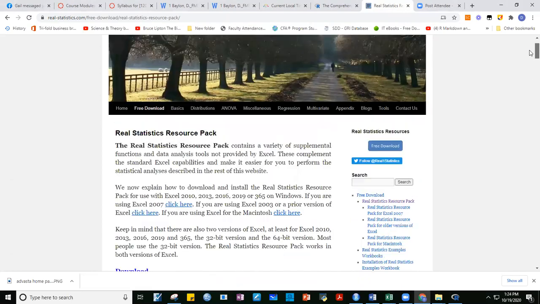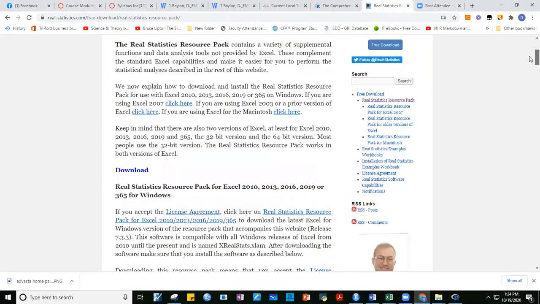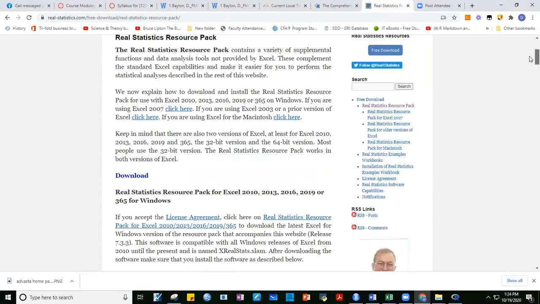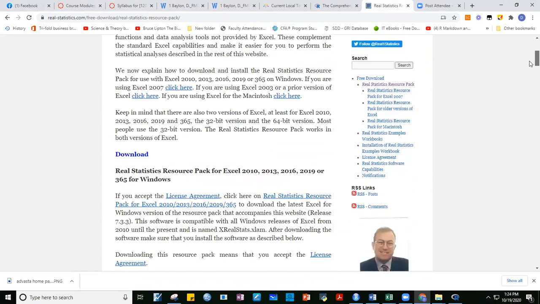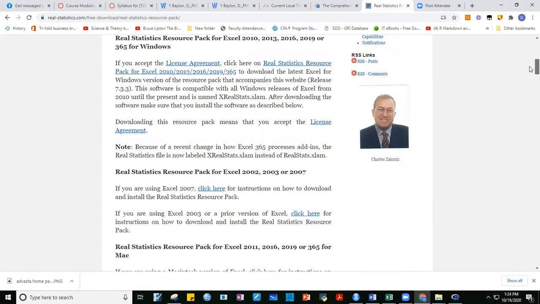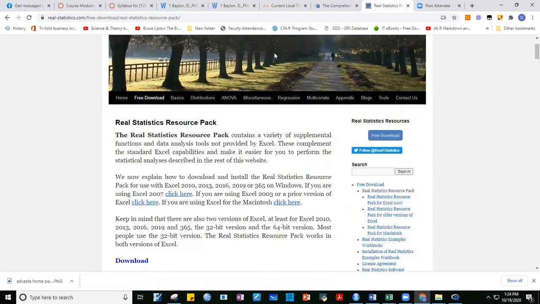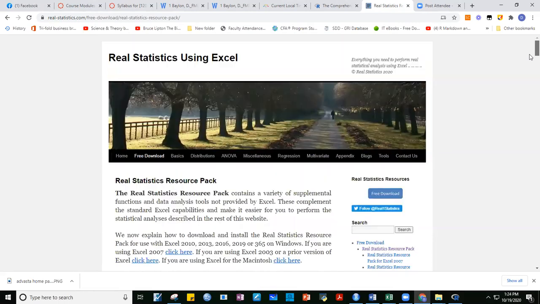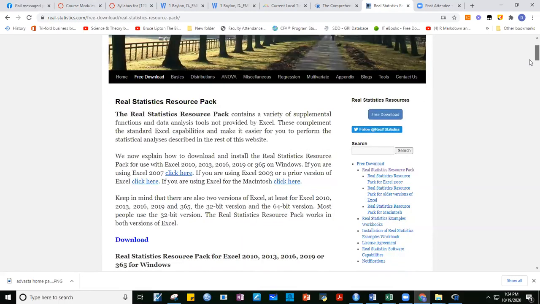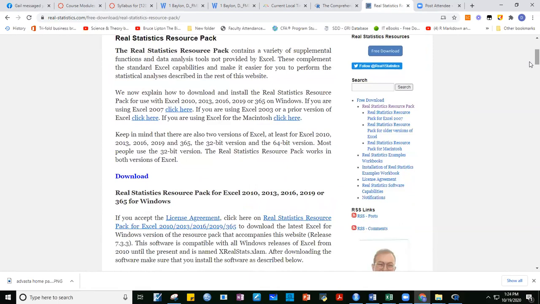There's no distinction between Windows and Mac OS, so you can just download it. So kindly follow this, guys, and make sure you have downloaded in Excel the Real Statistics, Real Stat. It's an add-in, and it will make the statistical functions in Excel more powerful. So we're going to use this.